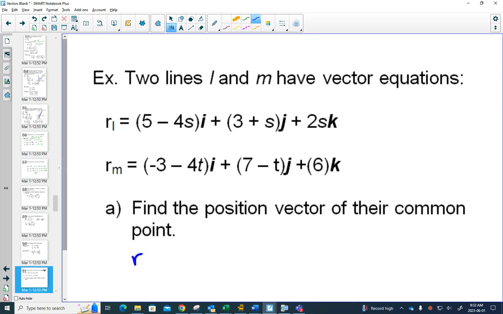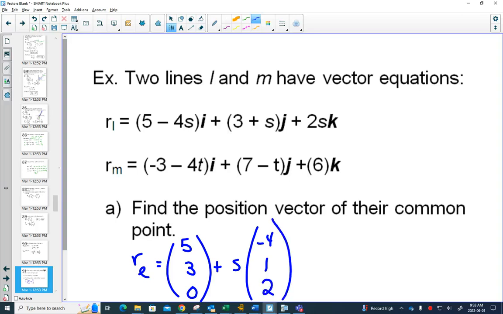So R with L is 5, 3, and 0 plus S with -4, 1, and 2. That's a nicer form.